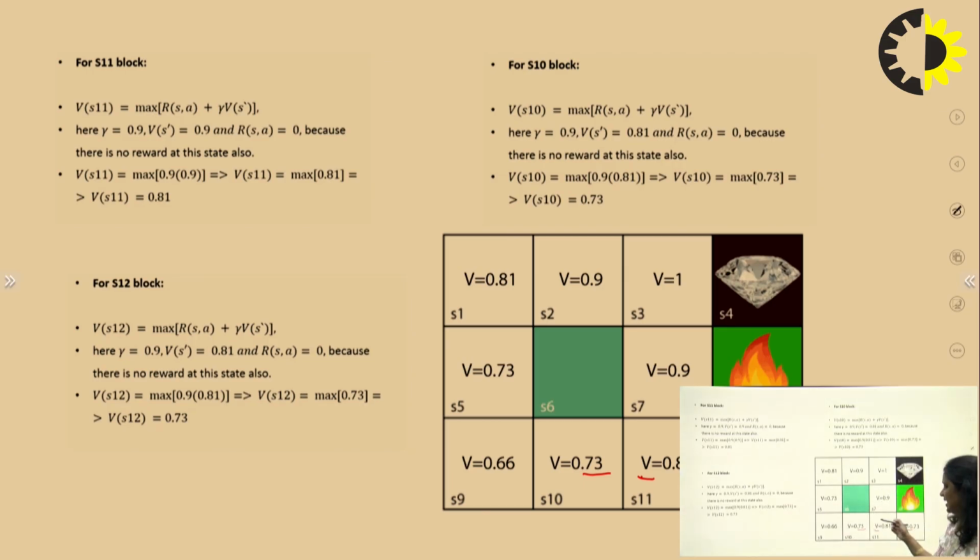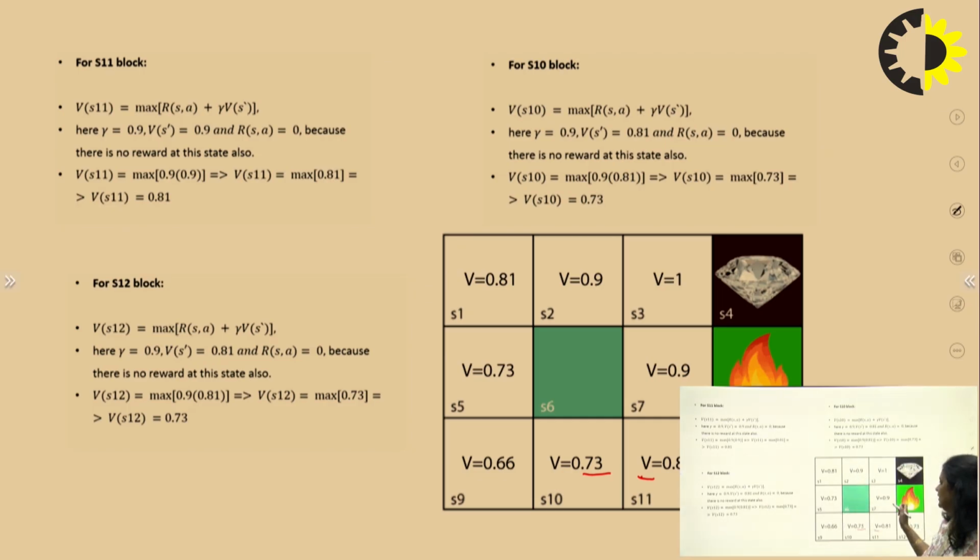We calculated S7 by using the previous value of S10, and we already calculated the value of S12 by using the previous value of the S11 block, 0.81. Now if the agent follows this path and uses this previous value, what are the changes in that grid? We stop when there are no changes in that grid.